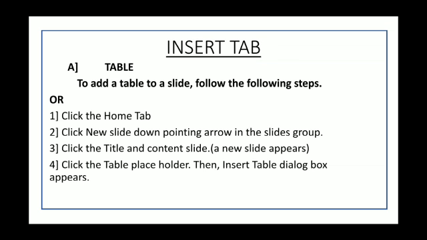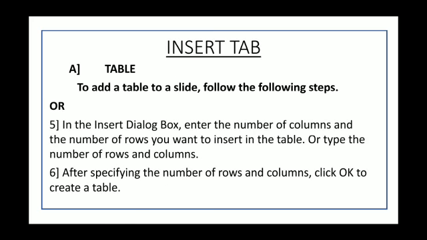Whenever you click the table placeholder, you can insert the table. Again the table dialog box will appear. In that you have to mention how many rows and columns you require. That dialog box will be displayed on the screen.